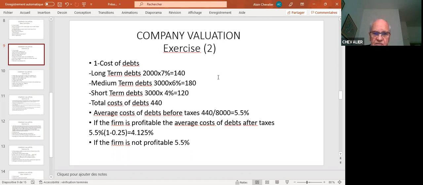And in that case, before taxes, again, the average cost of debt is 440 divided by the total level of debt, which is 3,000 plus 3,000 plus 2,000 equal to 8,000. And you get 440 divided by 8,000, which is equal to 5.5%. Average cost of debts before taxes is here 5.5%.